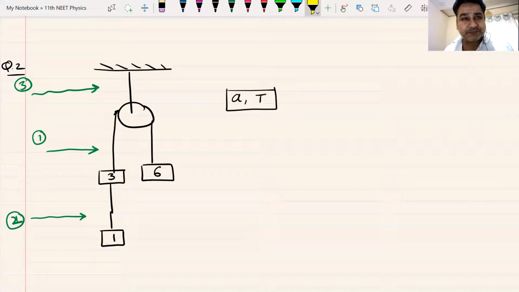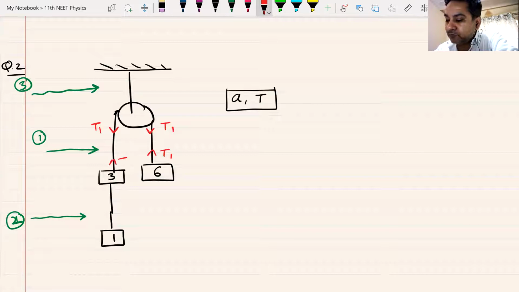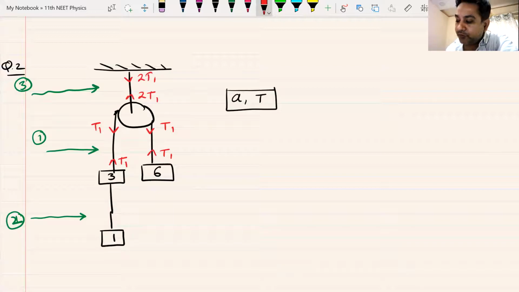Step number 3, draw the free body diagrams. I will start with tension. Let me call the tension here as T1, T1, T1, and T1. This becomes 2T1, 2T1. I've already told you.